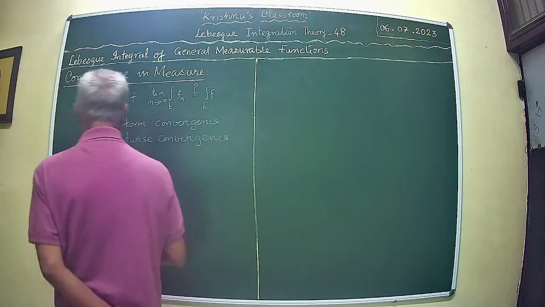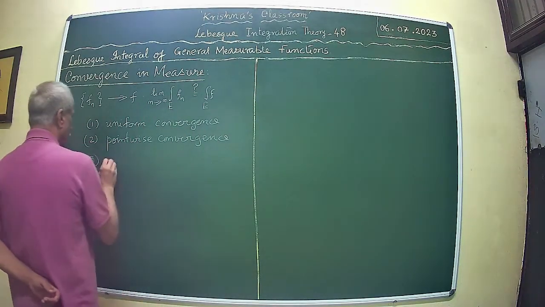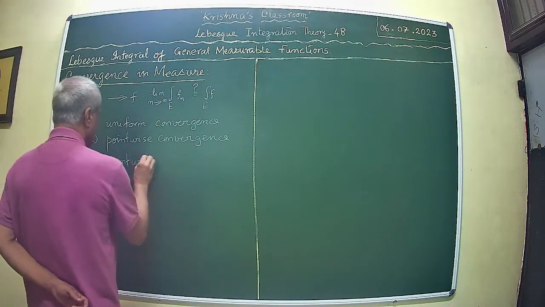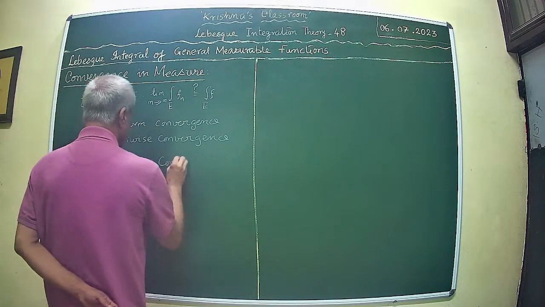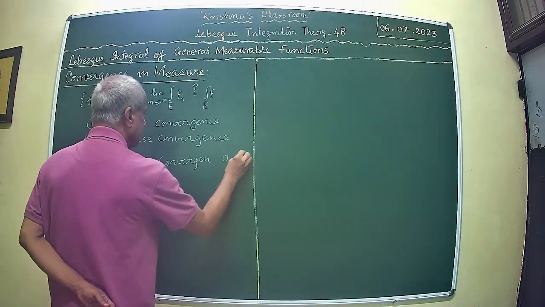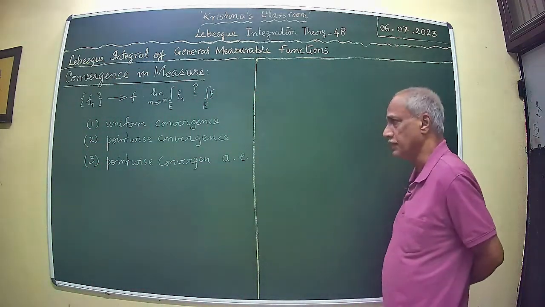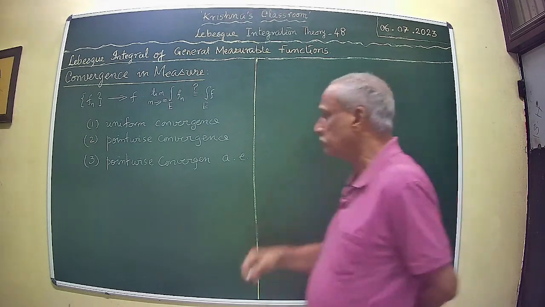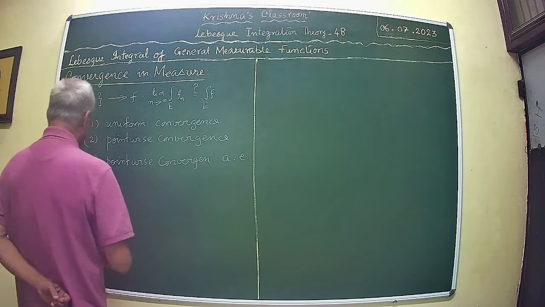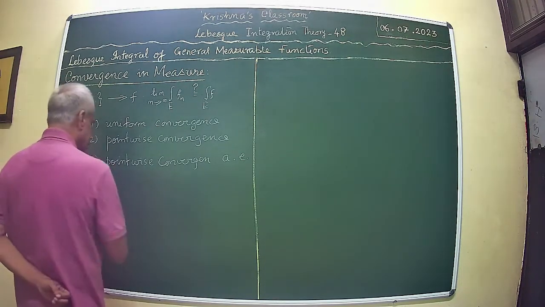Now, slowly the measure is getting reflected in the next one: point-wise convergence almost everywhere, that means except on a set of measure 0. Then now we are going to introduce a new type of convergence, the fourth one.